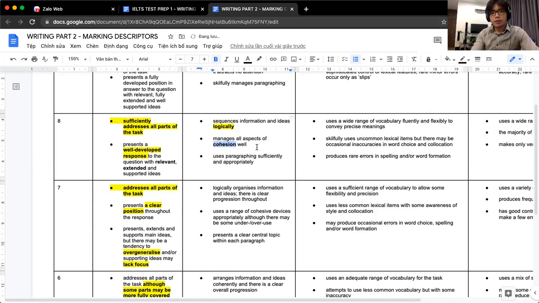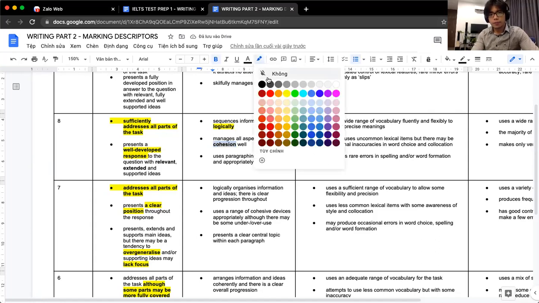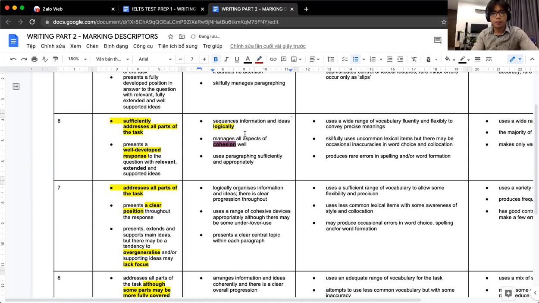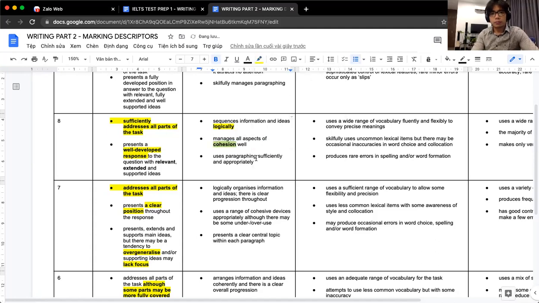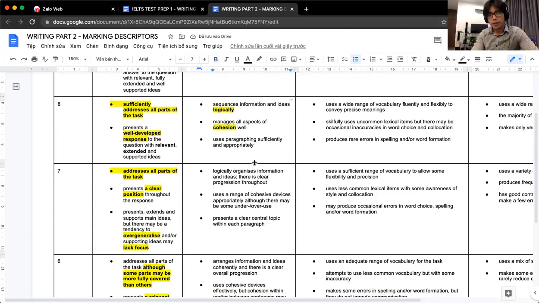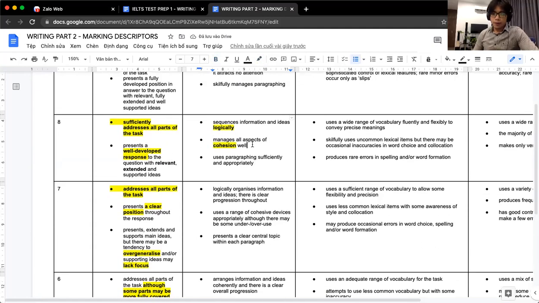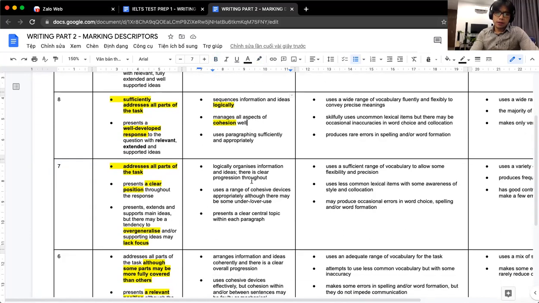Okay. Or manages own aspect of cohesion well. You see there's a thing called cohesive devices, right? Things like however, nonetheless, things like that. Okay. So at band 8, okay, you use them very well.